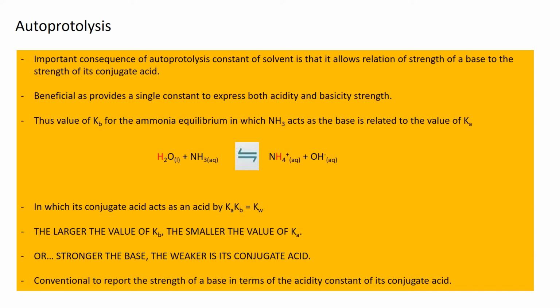An important consequence of this autoprotolysis constant of water or of any solvent is that it allows the relation of the strength of a base to the strength of its conjugate acid. And this is useful because it provides a single constant which is able to express the strength of both the acid and the base.